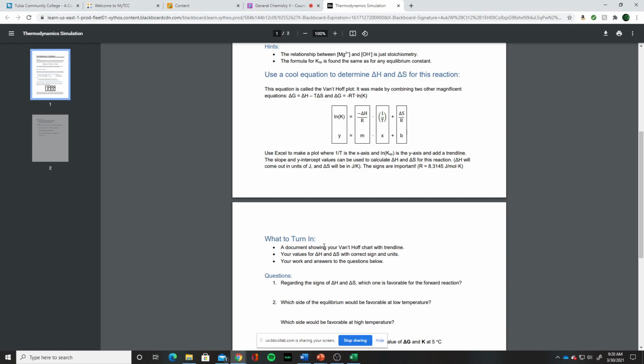You're not going to have a different number for each data point. You remember, you're just pulling it from the graph itself, from the equation of the line. So you'll have one number for delta H, one number for delta S, with the correct sign and units. And it actually just tells you the units there, so it's not a big secret.